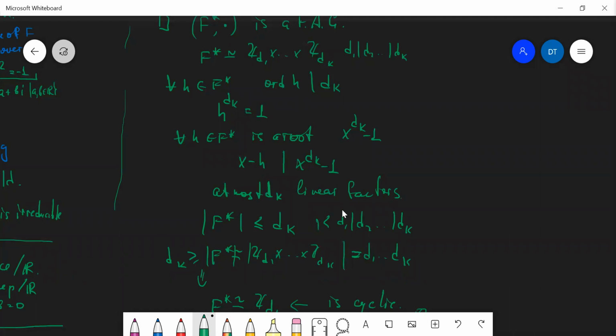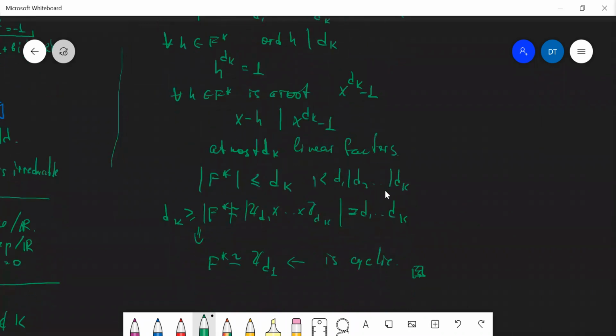And by the way, we also know that all these numbers are arranged in the following form. d1 divides d2 divides etc. divides dk, and d1 is strictly larger than 1. So this is part of this structure theorem. I didn't mention it here, but this is part of the theorem. All these numbers must be greater than 1.